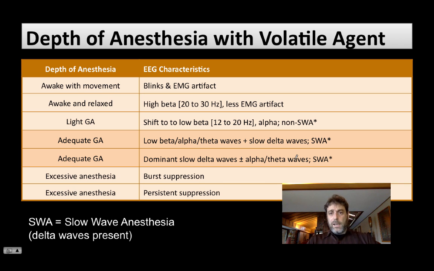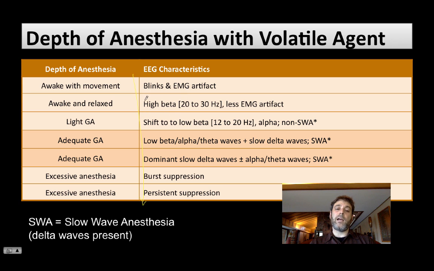So with a volatile anesthetic agent, which is really mostly what I've been focusing on, and most of today's examples will be based on volatile anesthetics, you can really see these various stages of anesthesia going all the way down from awake, where you can see blinks and a lot of EMG activity, muscle activity, and then as you become relaxed, you lose some of the muscle activity.